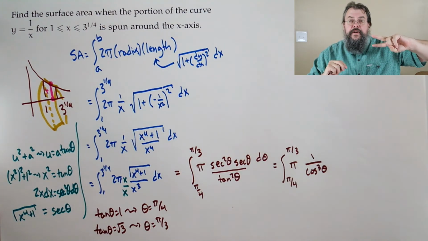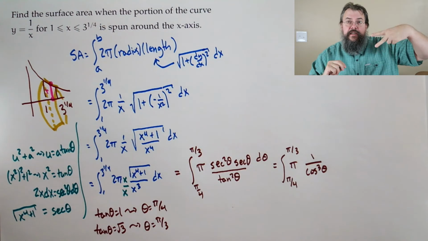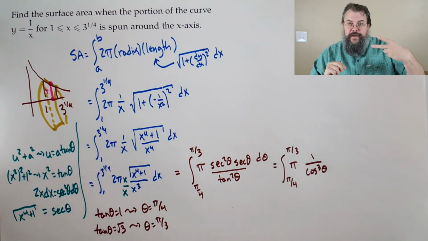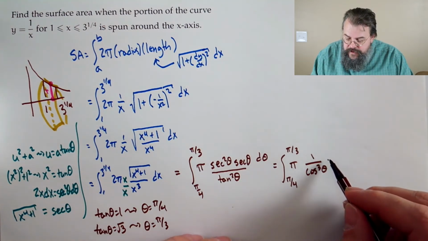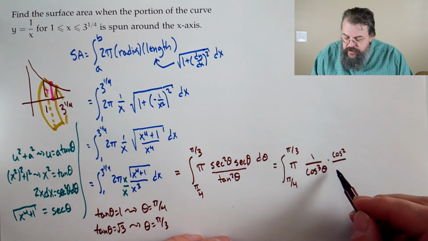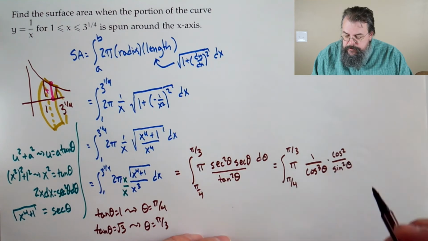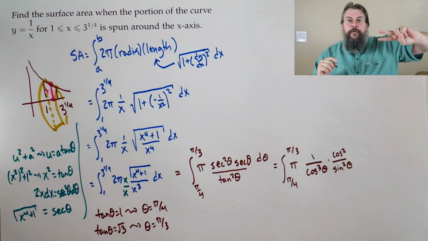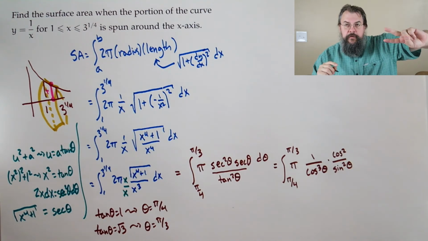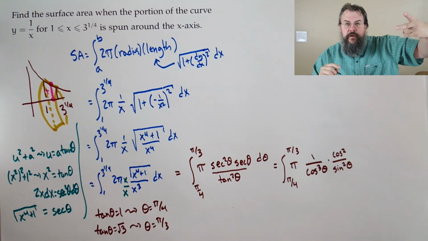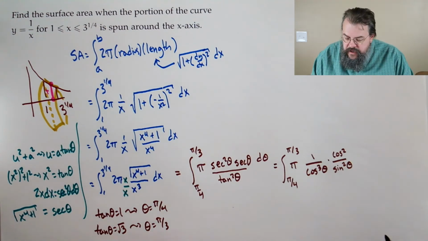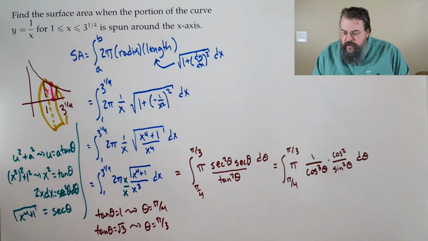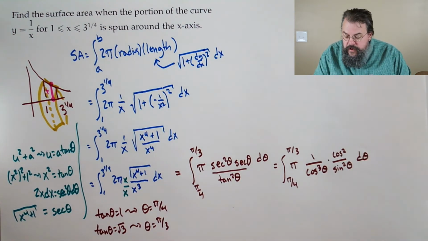So if we turn it upside down, it becomes cosine squared over sine squared. So I took that tangent squared, rewrote it as sine over cosine, but of course squared, and flipped it over because I'm bringing it upstairs. All right, good. So everything so far has been accounted for, which is good.